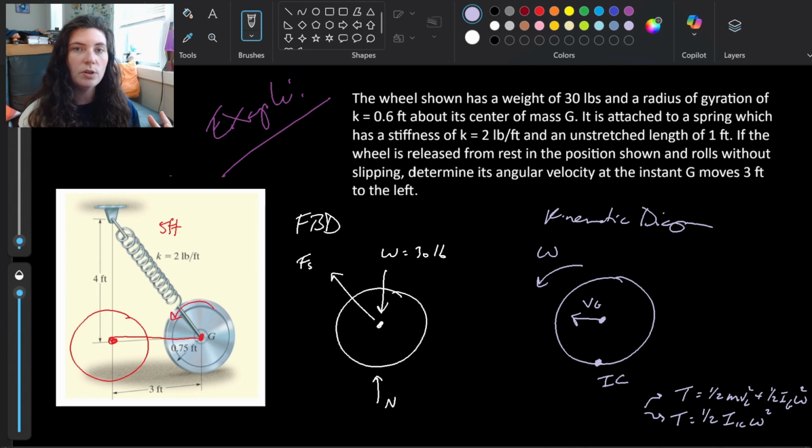The spring force is the only thing that does work, and since that's a conservative force, we can use conservation of energy. No applied forces, no friction, no non-conservative forces are at play. So this is a great contender for conservation of energy, especially because we're trying to find an angular velocity. Anytime you're looking for velocities or angular velocities, conservation of energy or the principle of work and energy is a really good call.